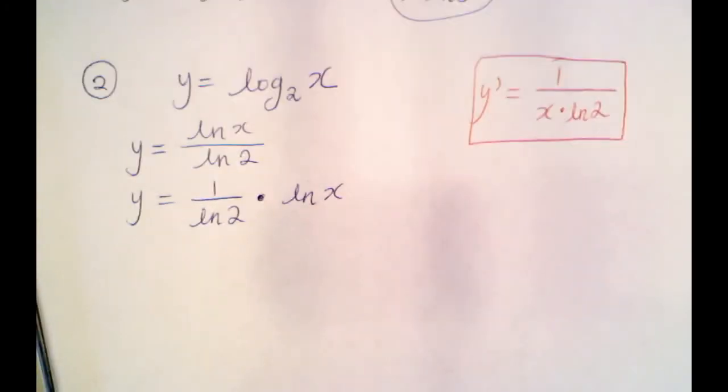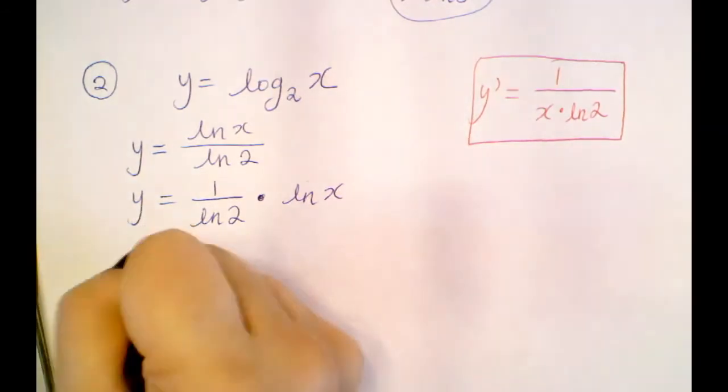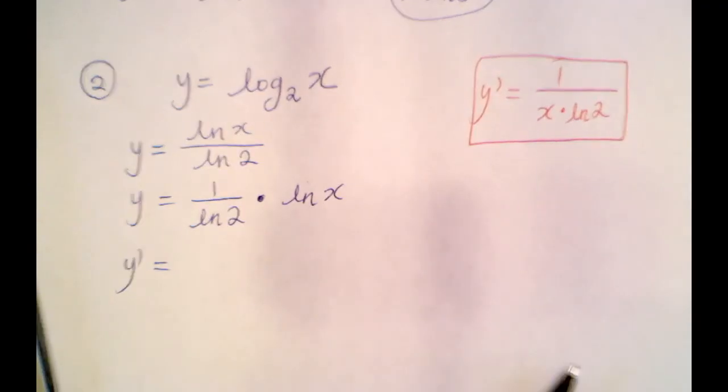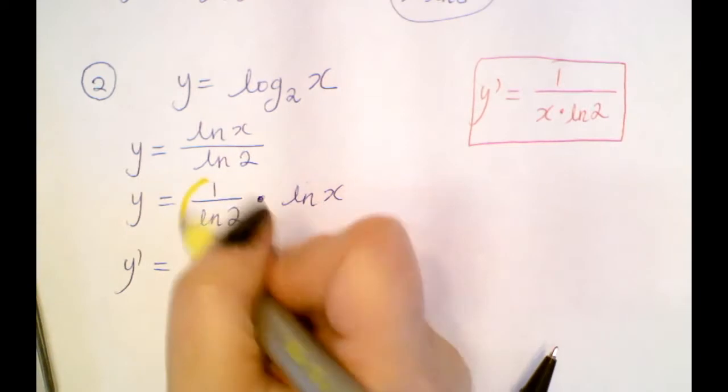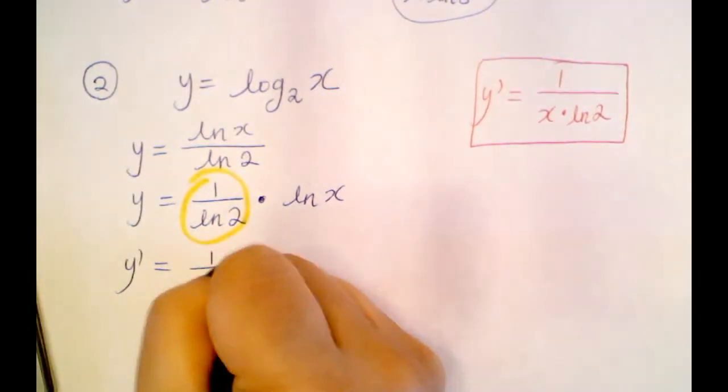I can pull out this 1 over ln 2, which is a constant, and separate this fraction into two pieces, right? And then I take the derivative. There's no x in this first fraction. 1 over natural log of 2 is just a number, so that just comes down.